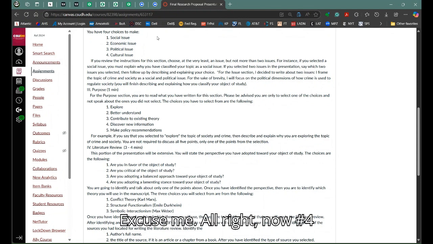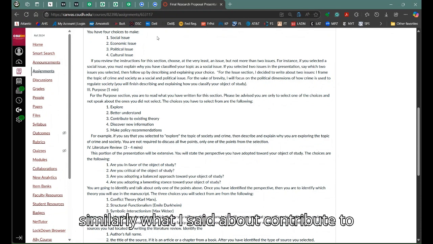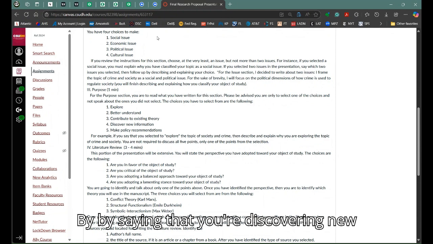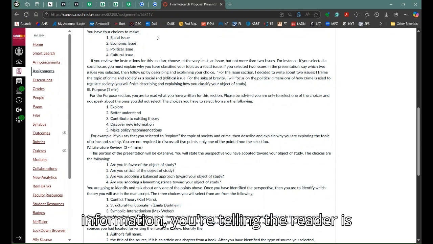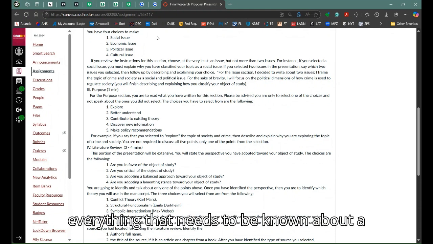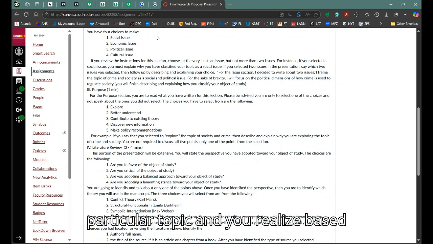Now, number four, discovering new information. Similar to what I said about contribute to existing theory, by saying that you're discovering new information, you're telling the reader you completely know every debate, every issue, every major contributor, and everything that needs to be known about a particular topic.